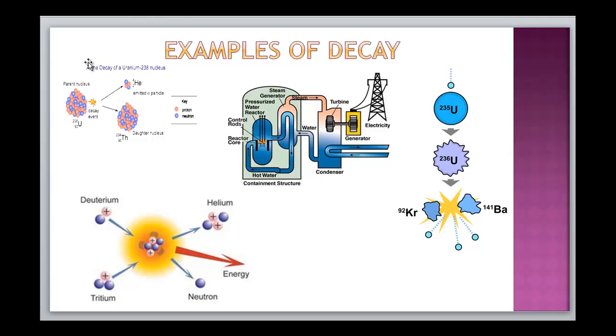This is an example of an element breaking down into two different nuclei. Here we have a helium atom, and then this is thorium.